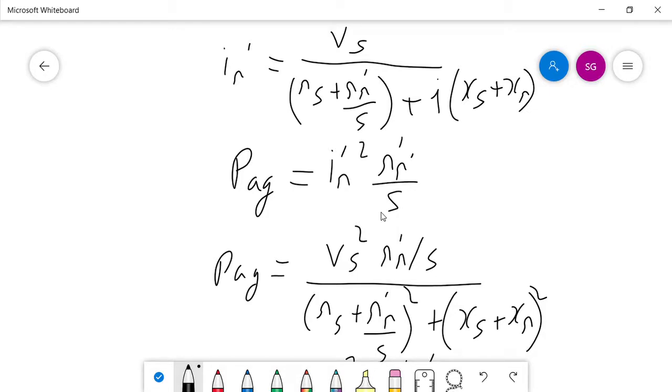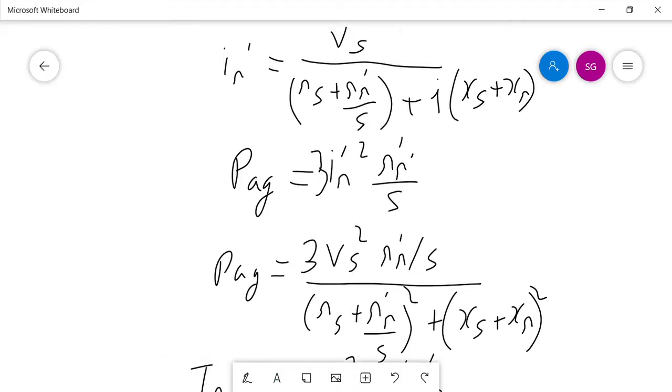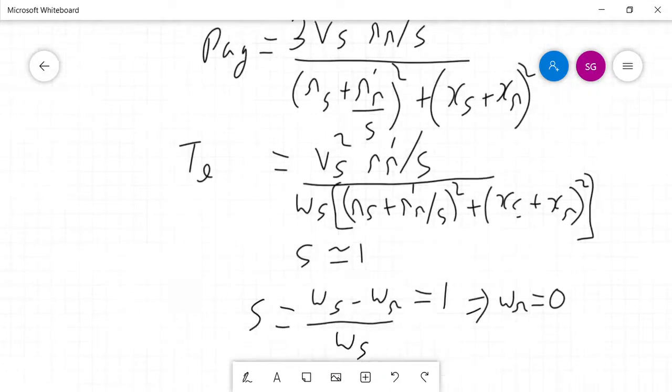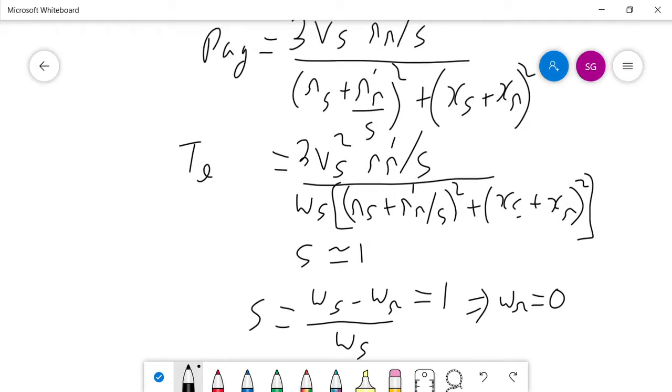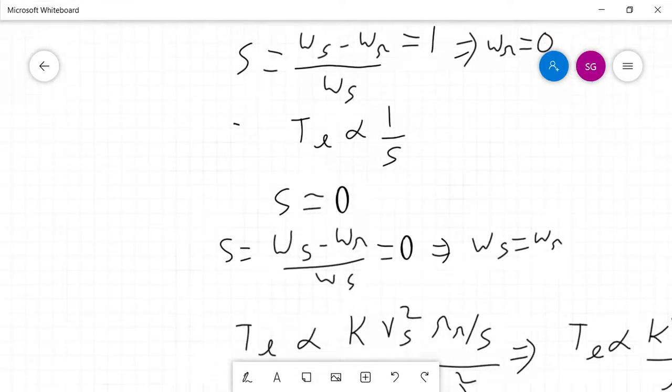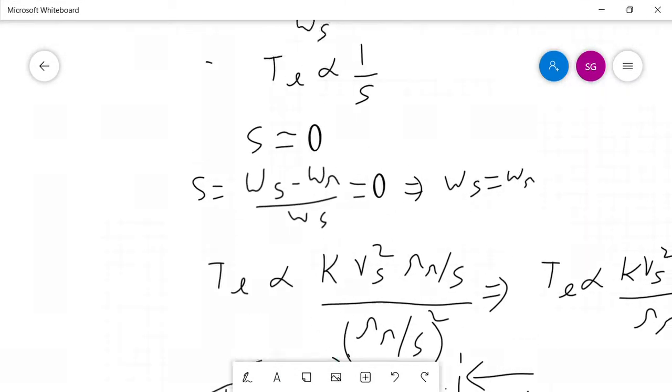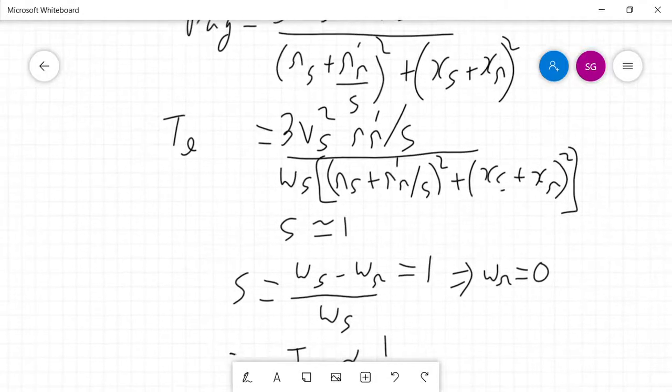So a 3 should be multiplied here, because we are talking about three phase. So everywhere there will be a 3, which we have based in last lecture. So from here if we calculate our torque, it should be T3. Okay, this is our last expression.